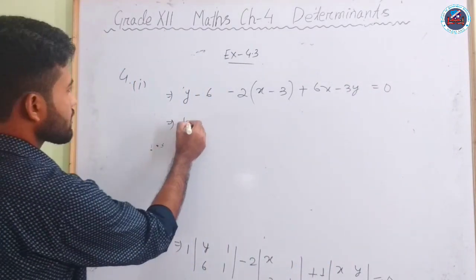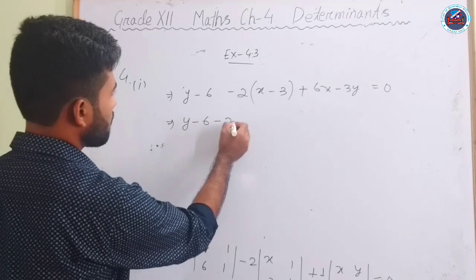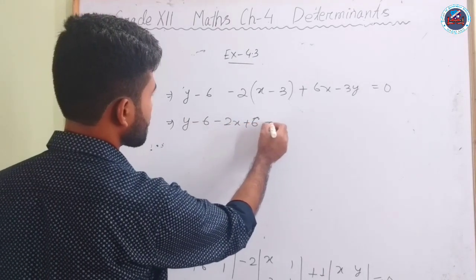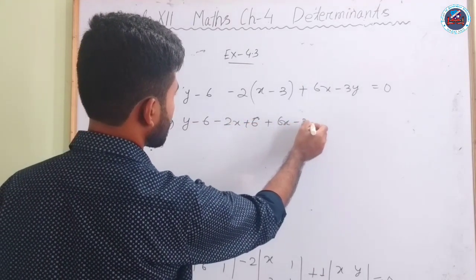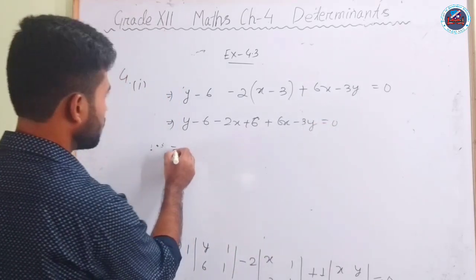So this will give us y minus 6 minus 2x plus 6 plus 6x minus 3y is equal to 0.